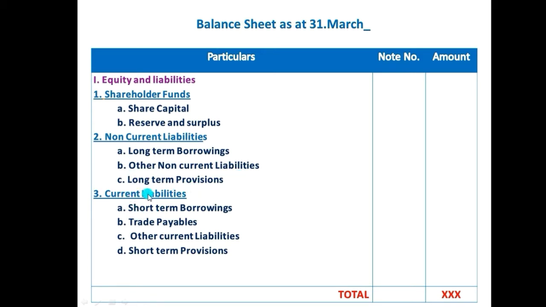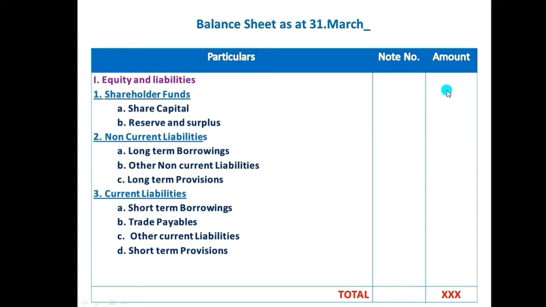Current liability means this is also an obligation, but the company needs to meet this obligation within a 12 month period. So current means present, liability means obligation. So within the current period, meaning within 12 months, the company should repay this amount. Under this we should record short-term borrowings, trade payables, other current liabilities, and short-term provisions.